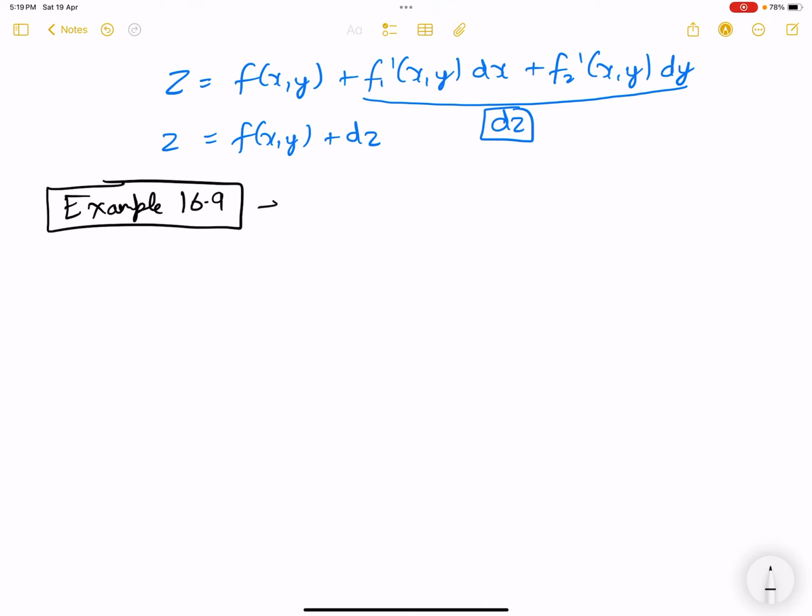Example 16.9 which states that कि जो प्रोडक्शन फंक्शन है y which is a function of capital and labor.